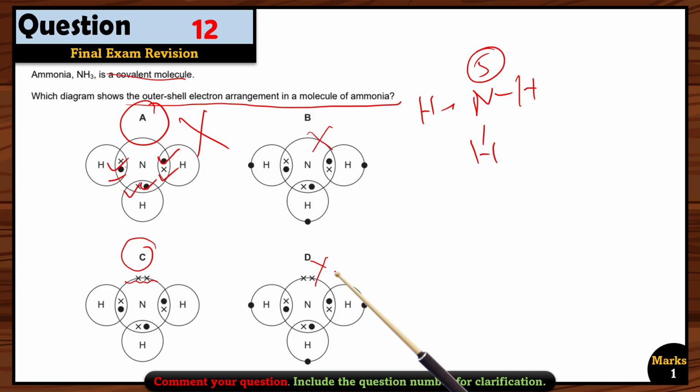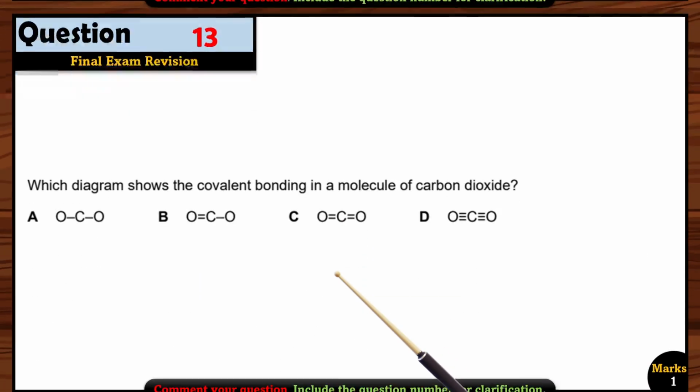Please don't forget about the lone pair, the pair of electrons that are not involved in the bonding but are present in the last shell. You have to remember them. Just look at your periodic table if you are confused, and you can know how many electrons are present in the last shell. Okay, so option C is the right option.